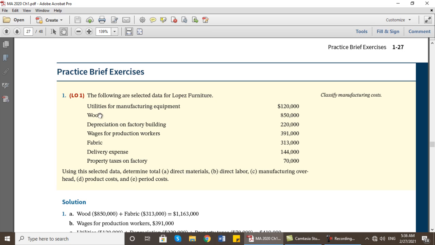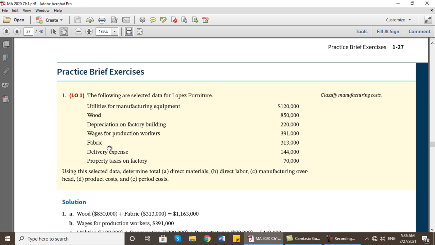Direct materials, number 1, wood, 850,000, plus fabric, 313,000. So direct material total 1,163,000. Number B, direct labor.